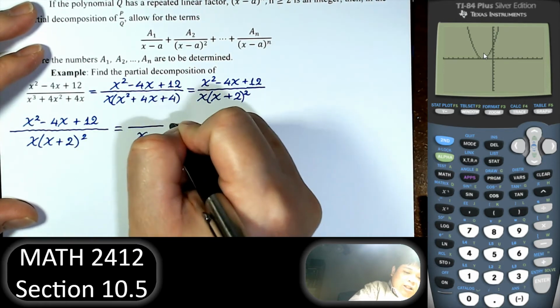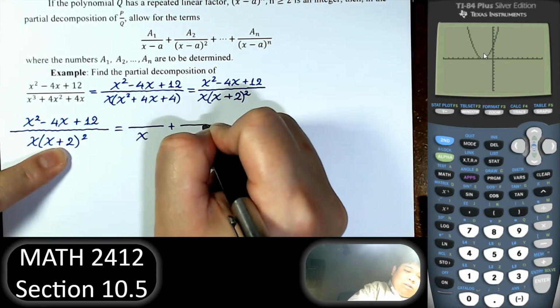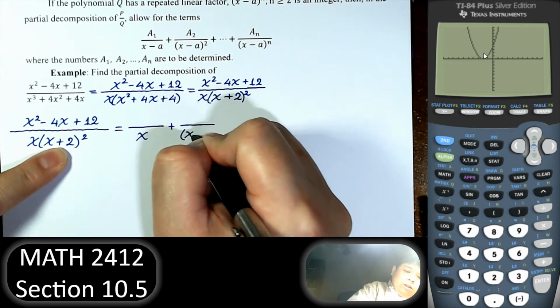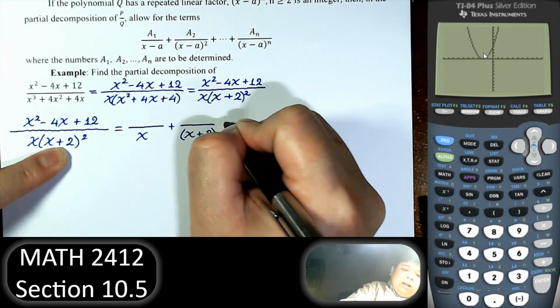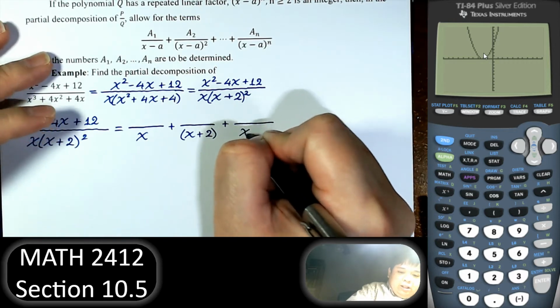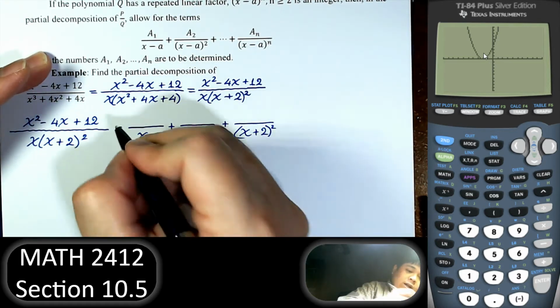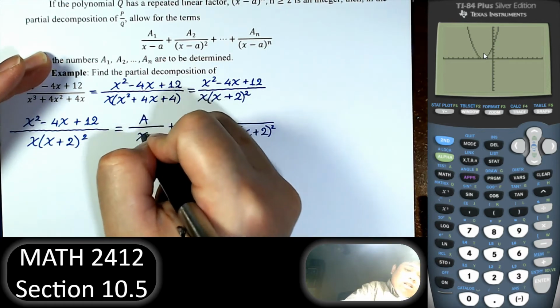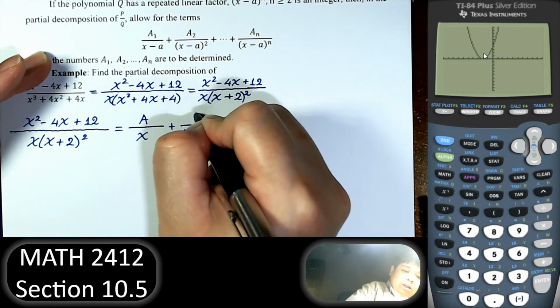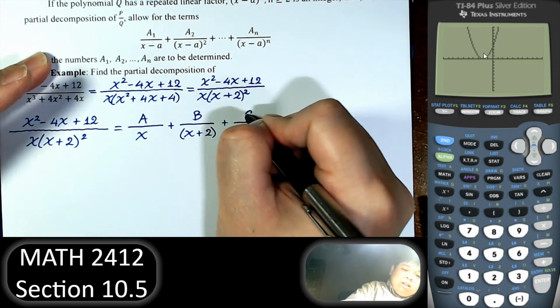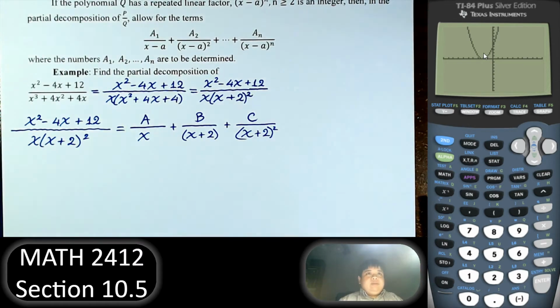One factor of x, and there should be 2 factors for x plus 2, to the first and then to the square. Degree on top has to be less than the bottom, so this is A, this is B, and those two have to have the same degree. So that's what we have.